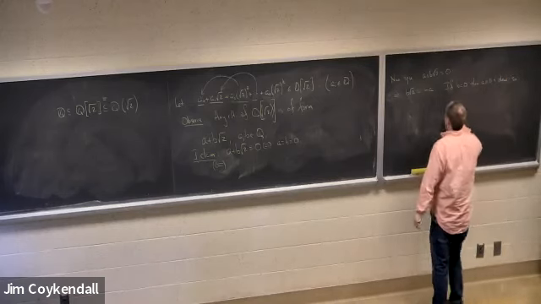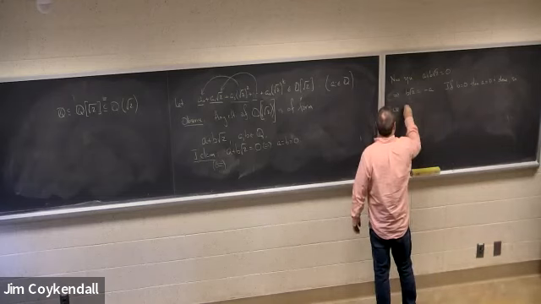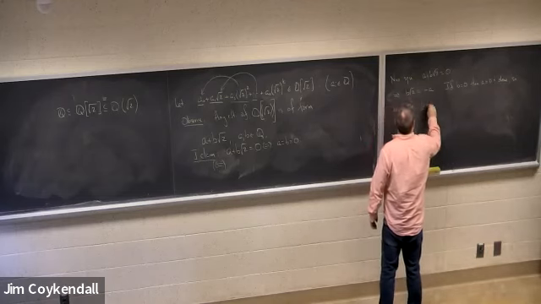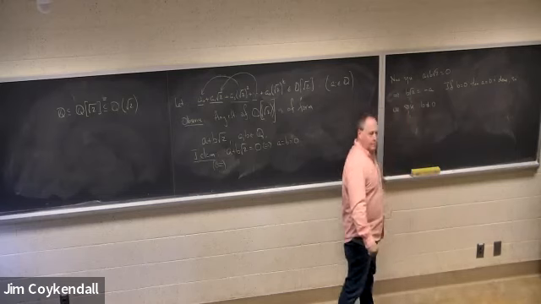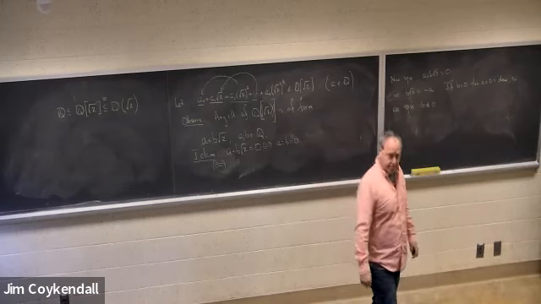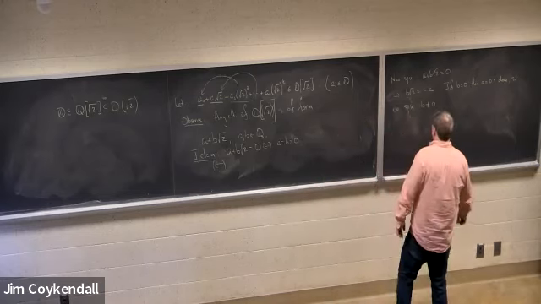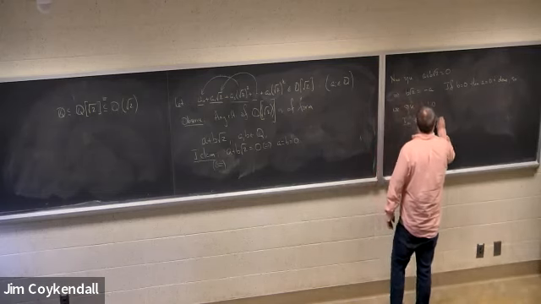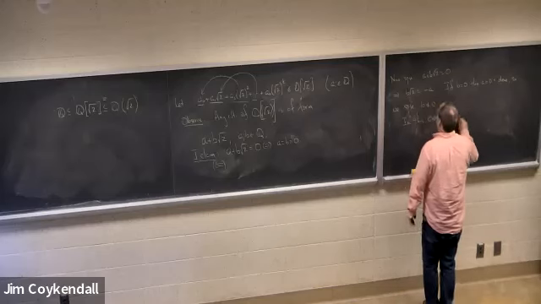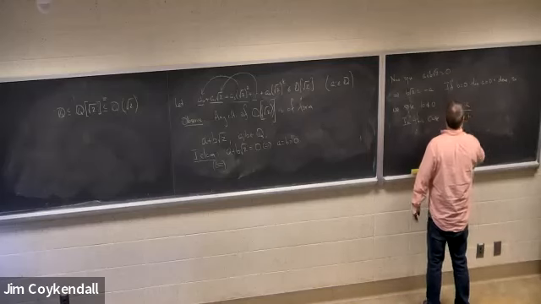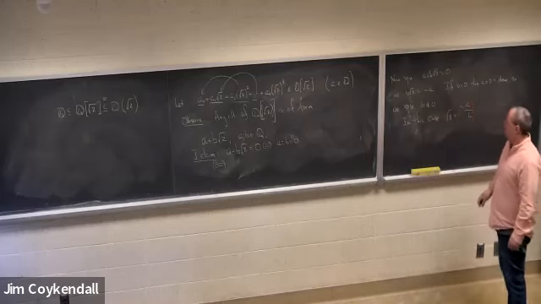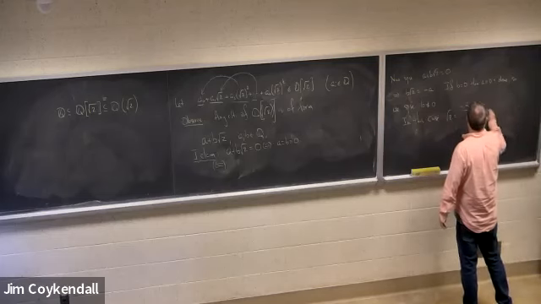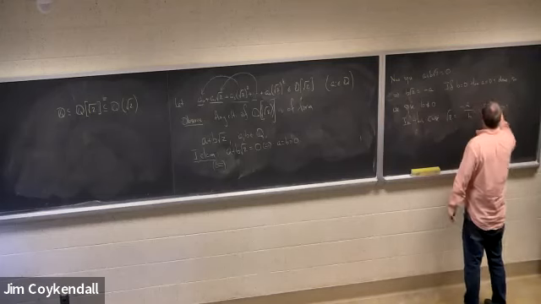So we suppose B is not 0. In this case, radical 2 is minus A over B, which of course is a rational number, which is a contradiction.